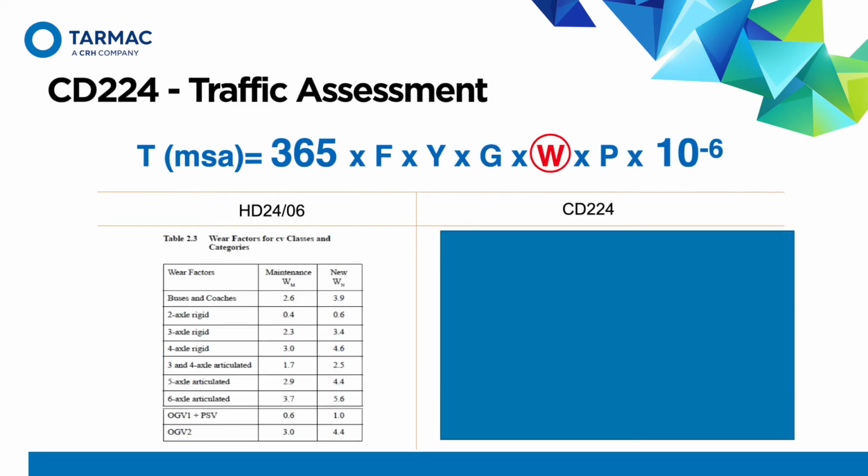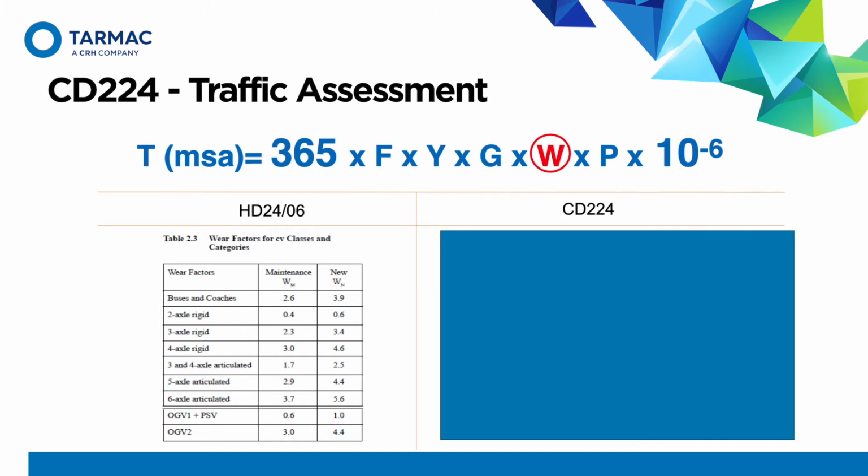On to the W. W is the wear factor. The wear factor is the factor used to convert the axle loading for each vehicle type into a standard axle loading, known as 40 kilonewton for one single tyre or 80 kilonewton for an axle loading.